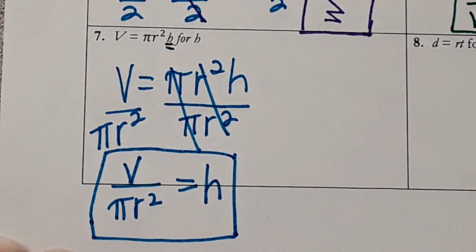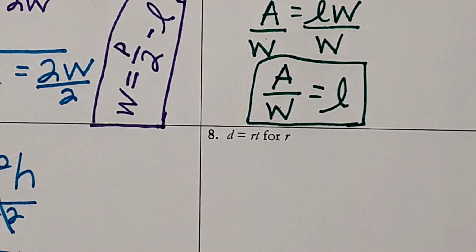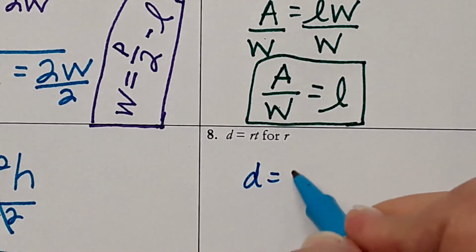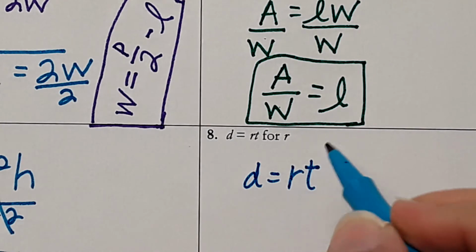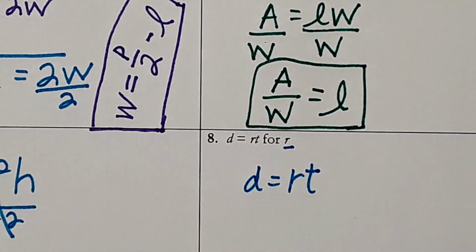Okay, last one, you guys. D equals RT, and we're solving for R. So D equals RT. Are there any addition or subtraction signs? Are you adding or subtracting anything to the R?